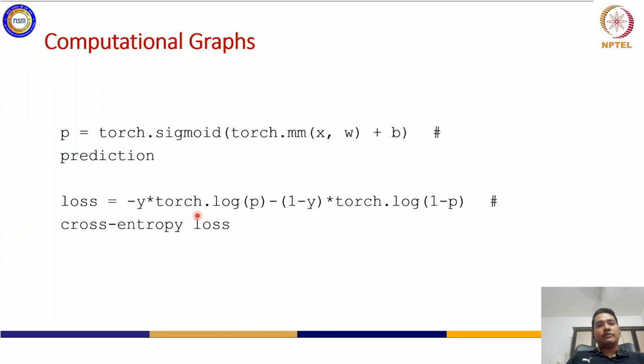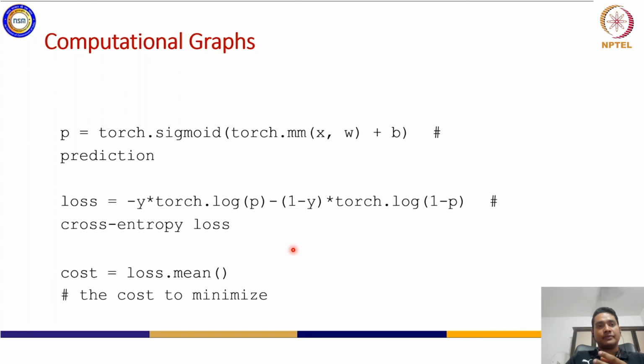Here we are defining the function to compute the loss. And then once you have computed the loss for, let's say, many samples, you just compute the mean or average of all the losses, which is the cost. And once the cost is defined, you are trying to minimize the cost value to get the prediction more concrete, right?